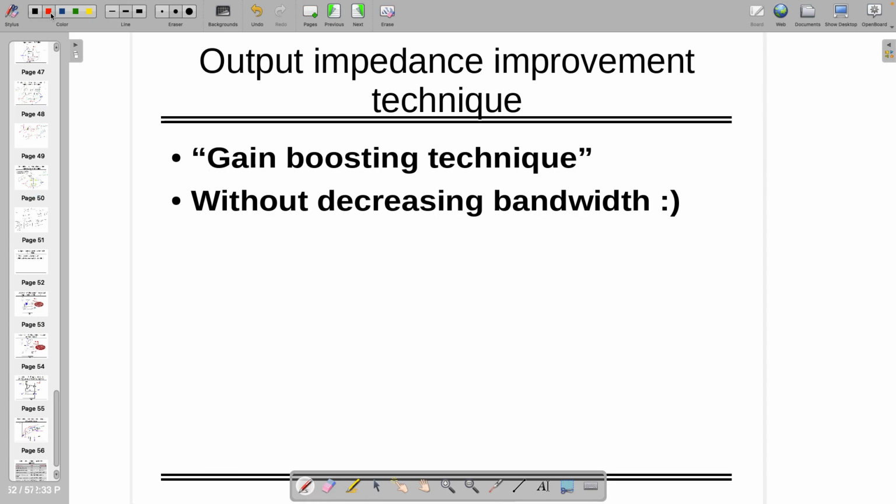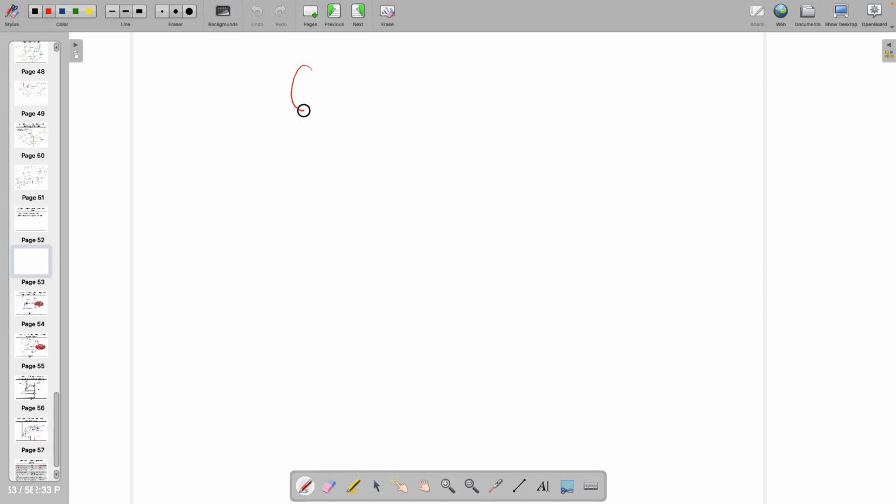In that case, we can do one thing. There is another technique called the gain boosting technique. We are going to talk about it. And whatever we do, make sure that we do not reduce the bandwidth. If you remember, when we started cascode, we also started from here: how to improve gain. We listed down the following things.